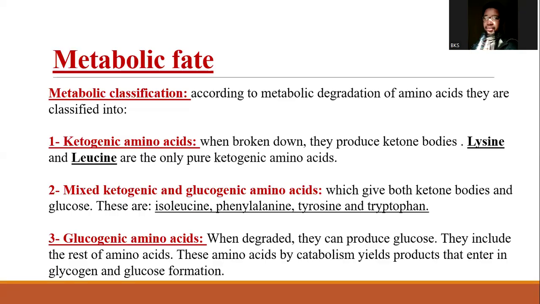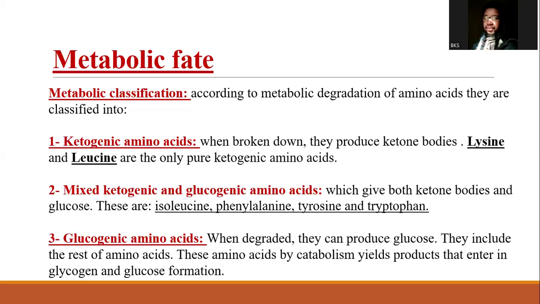For that, the easier way is that the carbon skeleton of the amino acid can be used to produce other things, while the amino group, which is toxic in the form of ammonia, will have to be taken out of the body in the form of urea, as in urine. They're excreted in the form of urine.